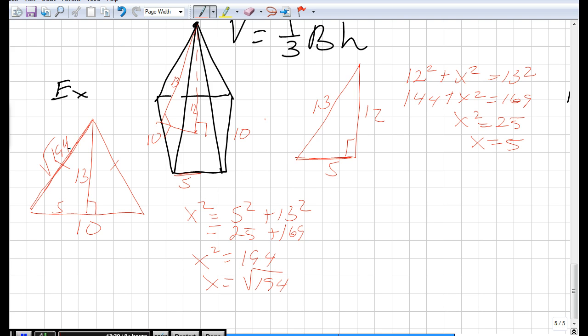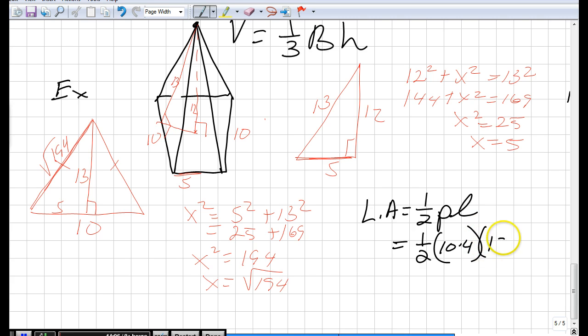Now let's find the lateral area of the pyramid. Remember, the lateral area has to do with the area of all the triangles that make up the pyramid. And the formula is 1/2 the perimeter times the slant height, I wrote H, it should be L. So it's 1/2, and it's 10 times 4 for the perimeter, times the slant height, which is 13.